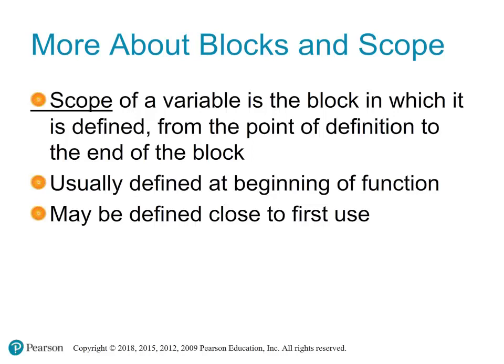Variables are usually defined at the beginning of the function, making them accessible throughout that function. Alternatively, you can define a variable close to its first use to make the code more readable and maintainable.